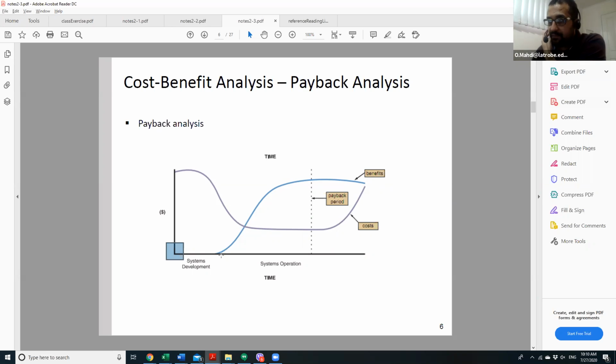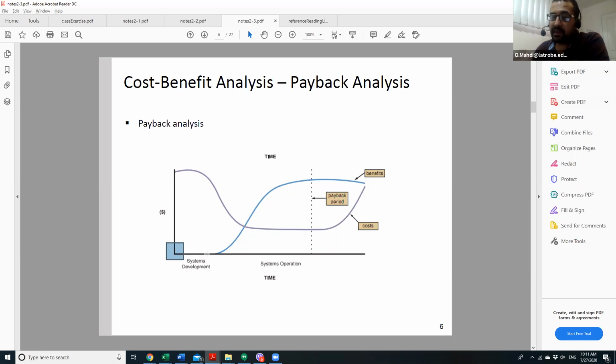But the benefits of any information system don't always start from the first day I am running it. Sometimes I start getting the benefit from year one, for example, or after the second year. For this reason, the blue line starts after a while, could be a year, 2 years, 3 years.